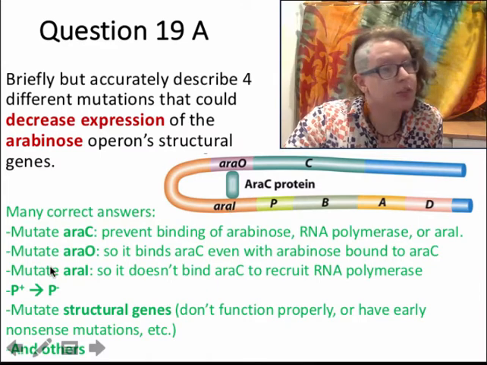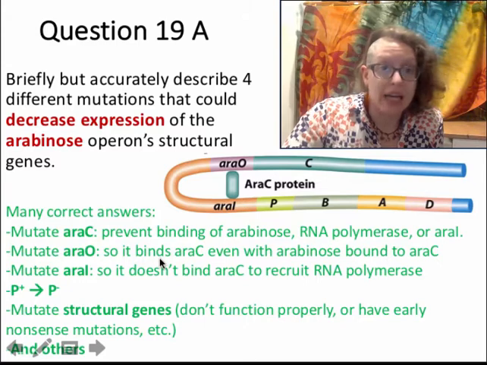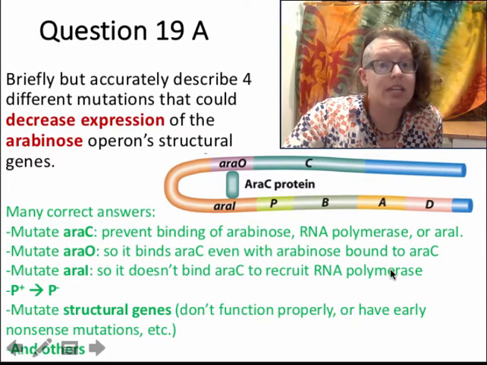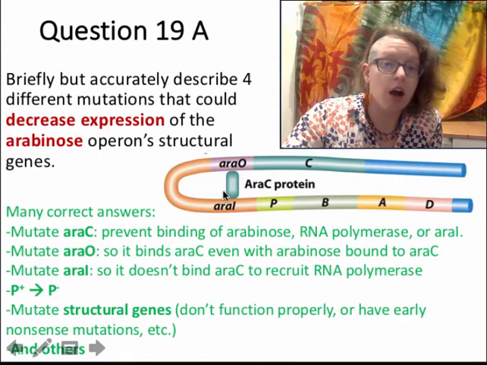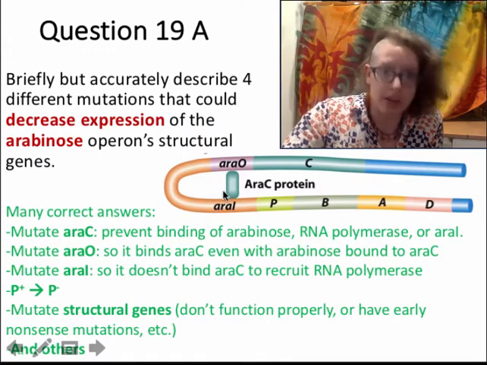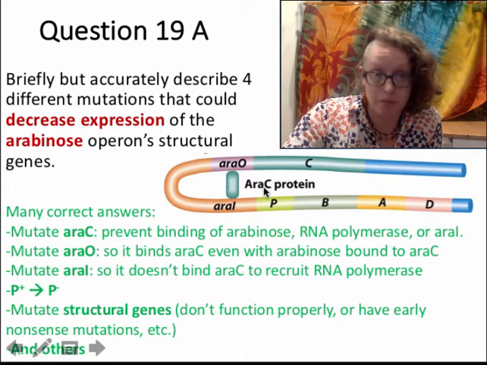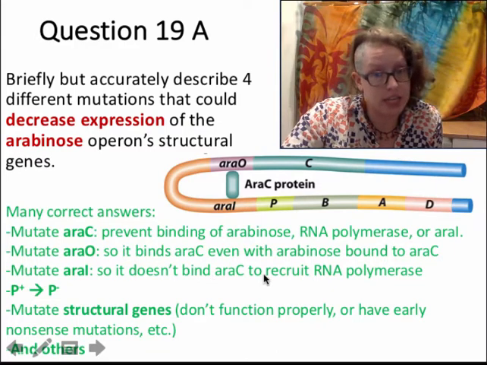The other thing you could do is mutate RO so that it binds RSC even when arabinose is bound to RSC. So you could make RO kind of not know whether or not arabinose is there, and that would force RSC to be inhibitory all the time. You could also mutate RI so that it can't bind RSC to recruit RNA polymerase.